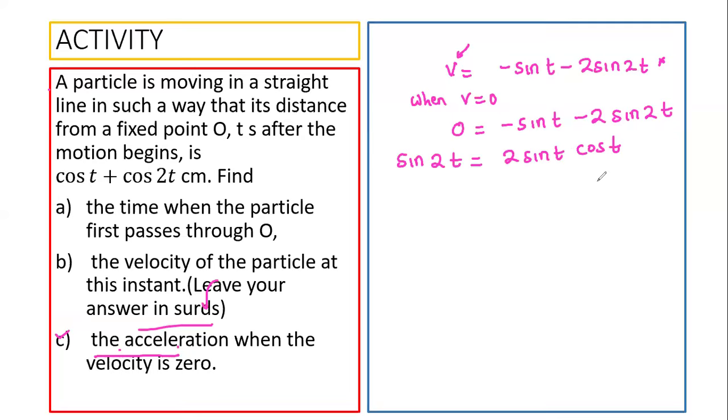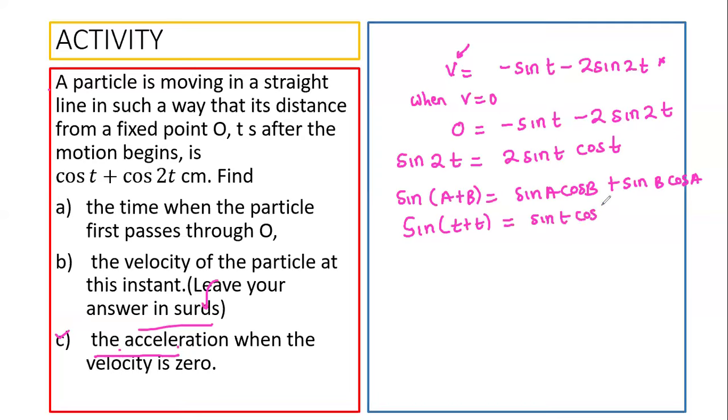I'm going to check it out. You're going to check it out. But it also comes from here where we have sine of a plus b, which is sine a cos b plus sine b cos a. You remember that? Yes. So when I have t plus t, what do you end up with? Sine t cos t plus sine t cos t.